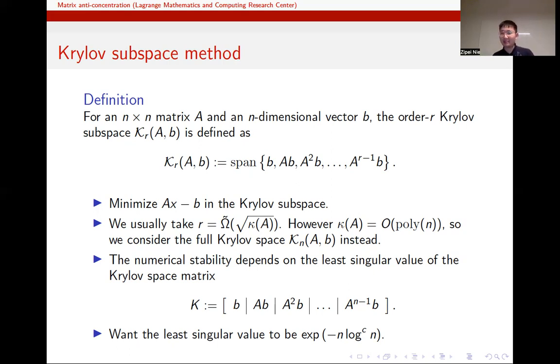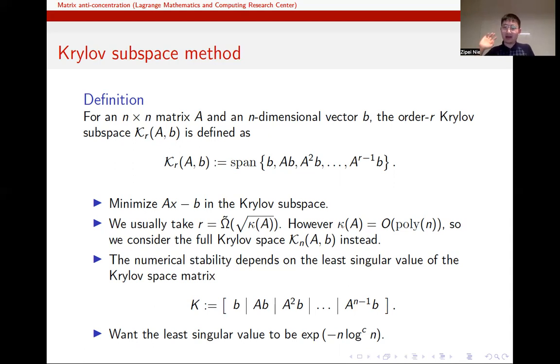And this can be done iteratively and efficiently, especially when A is sparse, and we take B to be sparse, then every matrix vector multiplication would be performed efficiently. In practice and some other theoretical analysis, we take the number of iterations R to be the square root of the condition number.